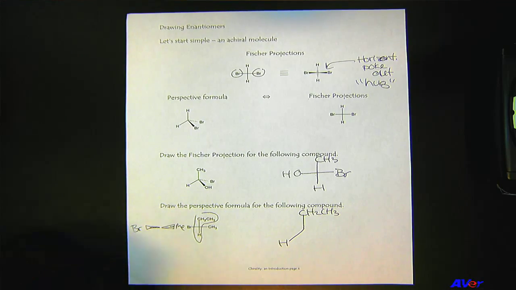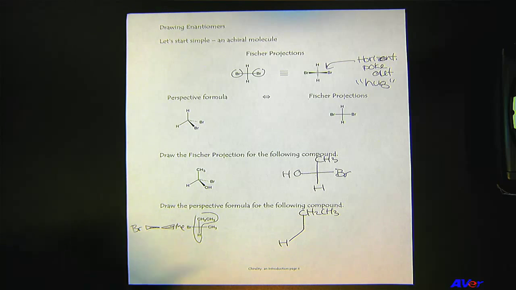I'll give you a chance to work on it, and I'll get the model ready, and then we'll compare answers. Go ahead and do your best to draw the perspective formula for this compound, and then we'll work on it together in just a moment.